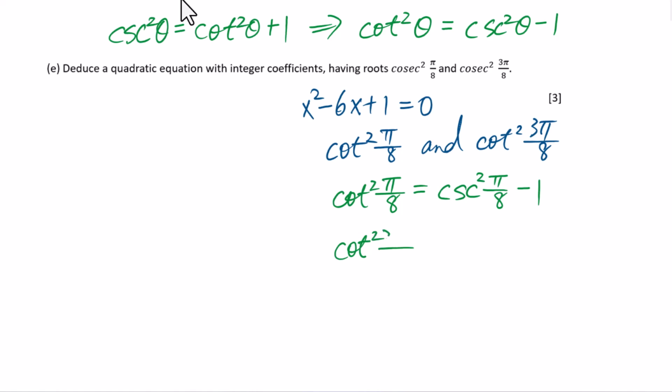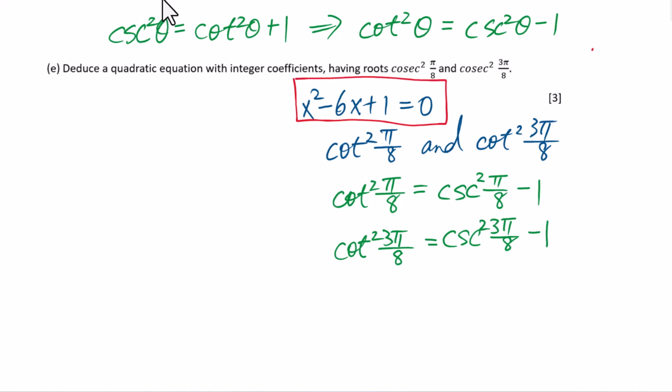And cotangent squared 3 pi over 8 equals cosecant squared 3 pi over 8 minus 1. So we plug into this quadratic function. To make things easier, let's make these two roots y1, y2. So we get x equals y minus 1.